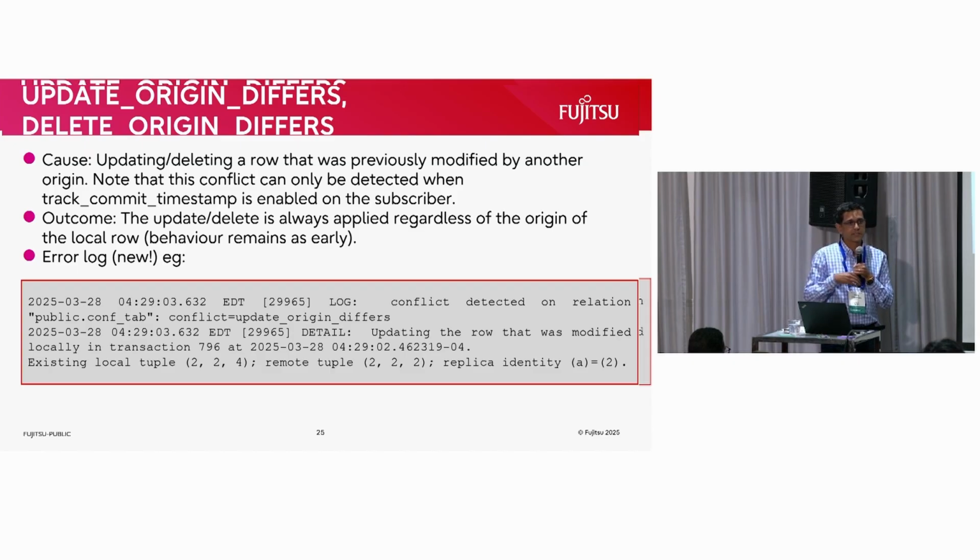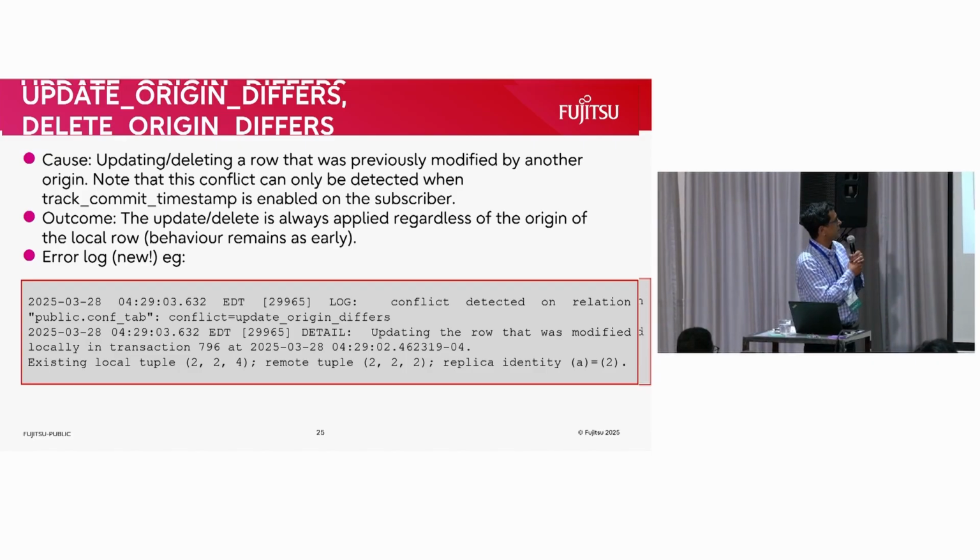If that is the case, the update or the delete is still applied, but a message is logged. It's not silent anymore. The operator knows there's a potential for a conflict there. So the behavior does not change: the update or delete is applied regardless of the origin of the local row, but there's a log now. It's not an error log, just an info log. So that's a new conflict.